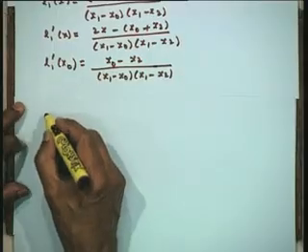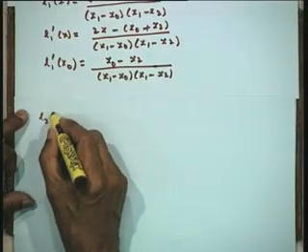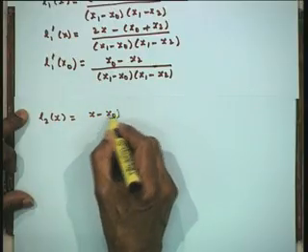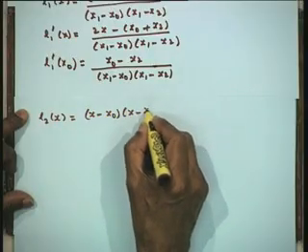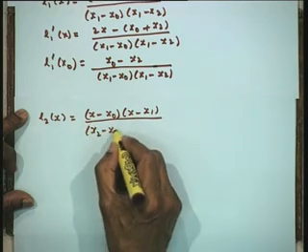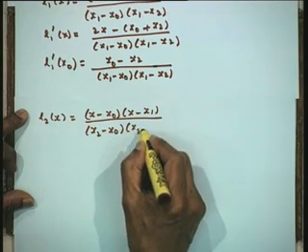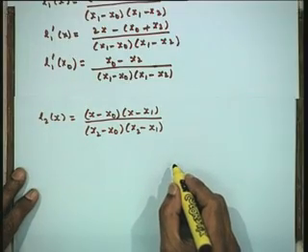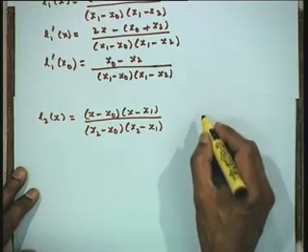Now, similarly, let us get the third quantity, that is L2 of x. L2 of x will be (x minus x0)(x minus x1) divided by (x2 minus x0)(x2 minus x1). Now, let us write the numerator.